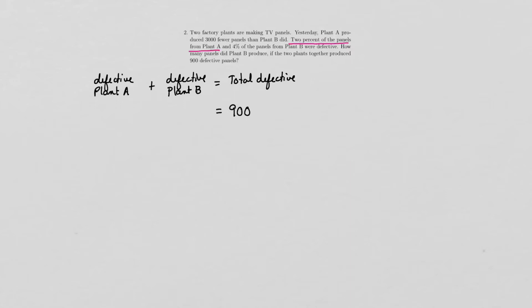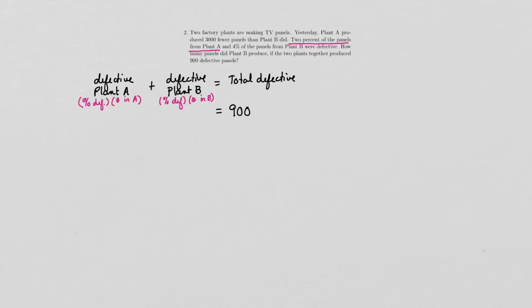So the defective plants A in plant A is going to be the percent that's defective times the number in plant A. And the same for the defective TVs from plant B. It's going to be the percent that's defective in plant B times the number from plant B.